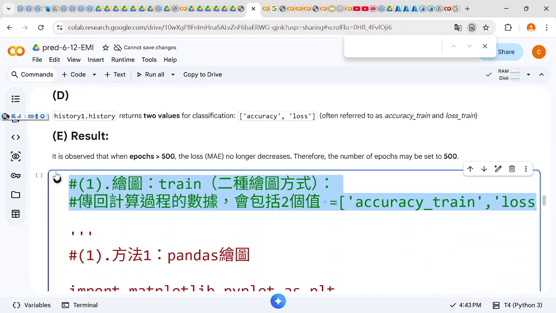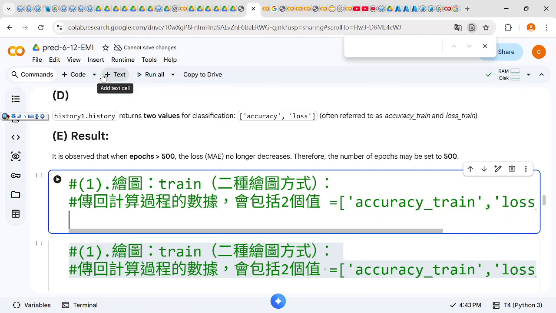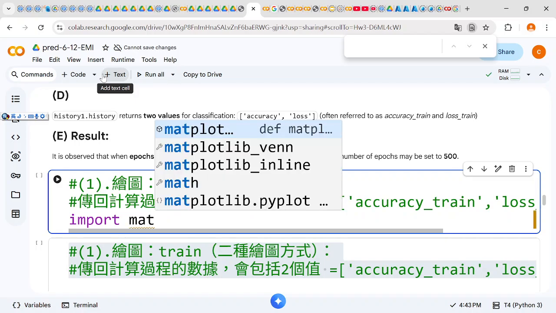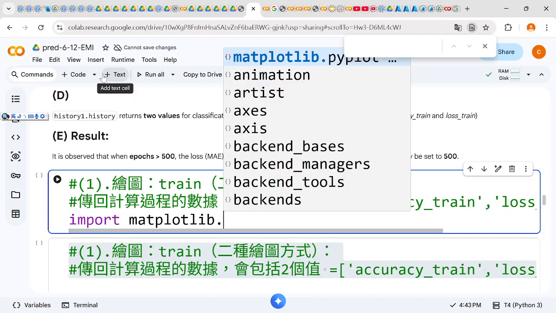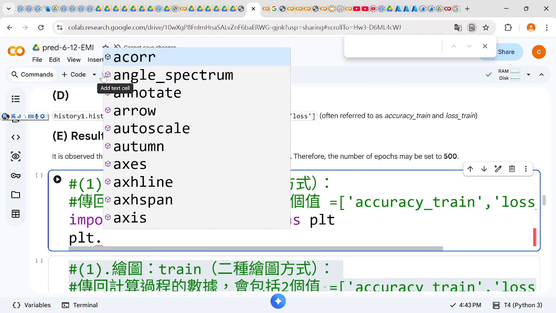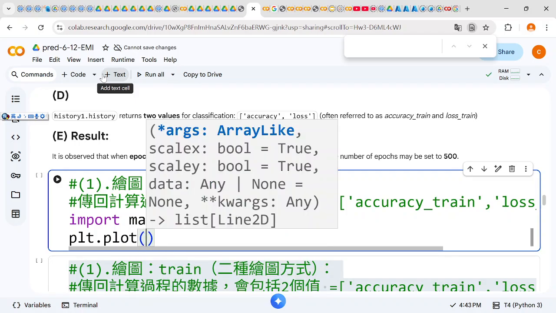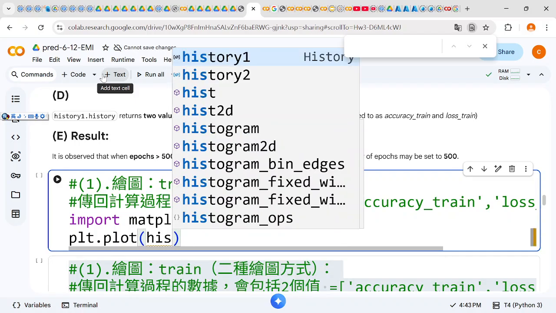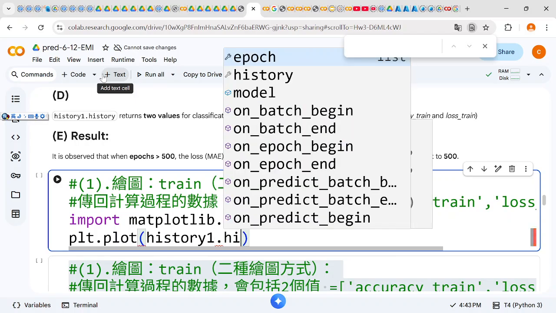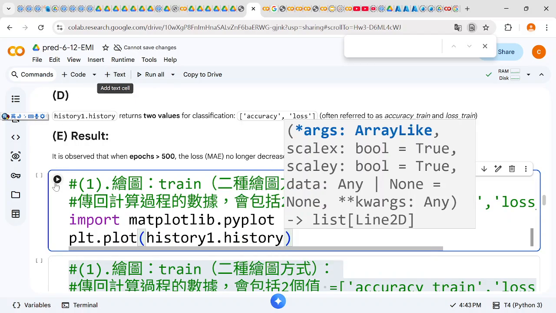Now I want to draw the plot of the historical data, and I use the matplotlib library first. I use this to draw a plot. That plot is my historical one, for the history data.